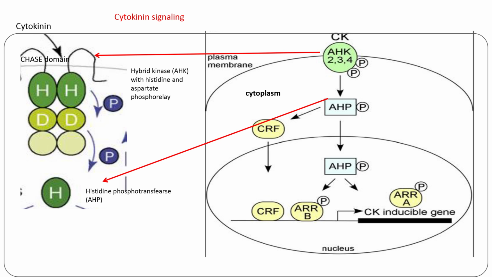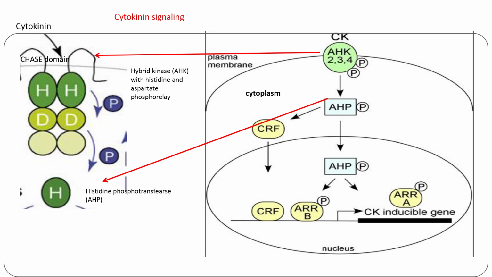Phosphorylation then occurs from the phosphorylated histidine to an aspartate that is part of the same protein. Change in conformation of the cytokinin receptor leads to binding of another protein called the histidine phosphotransfer protein or AHP to this receptor, and the phosphate group is transferred to AHP.